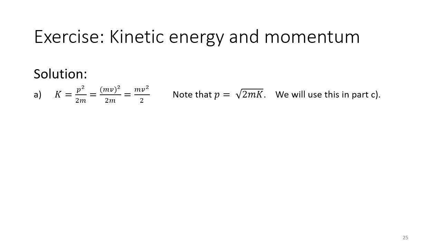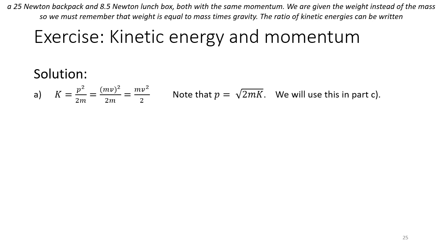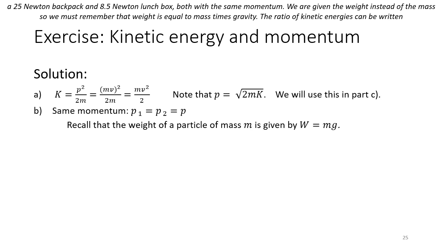In Part B, we are given a 25 Newton backpack and 8.5 Newton lunchbox, both with the same momentum. We are given the weight instead of the mass, so we must remember that weight is equal to mass times gravity.